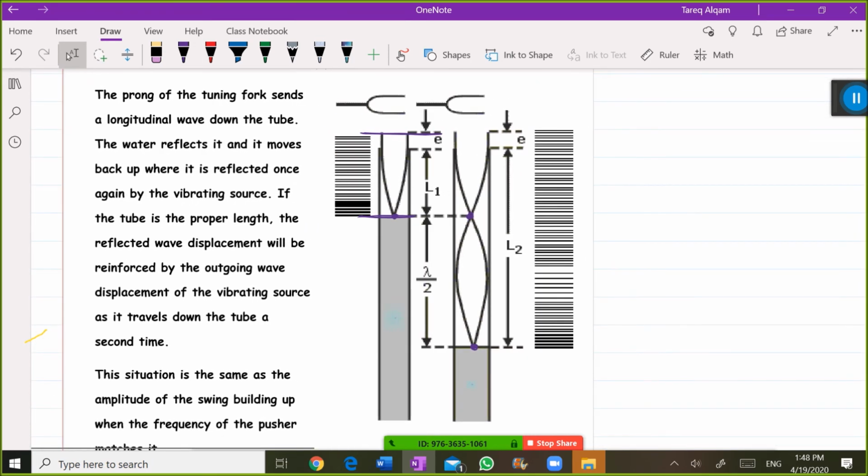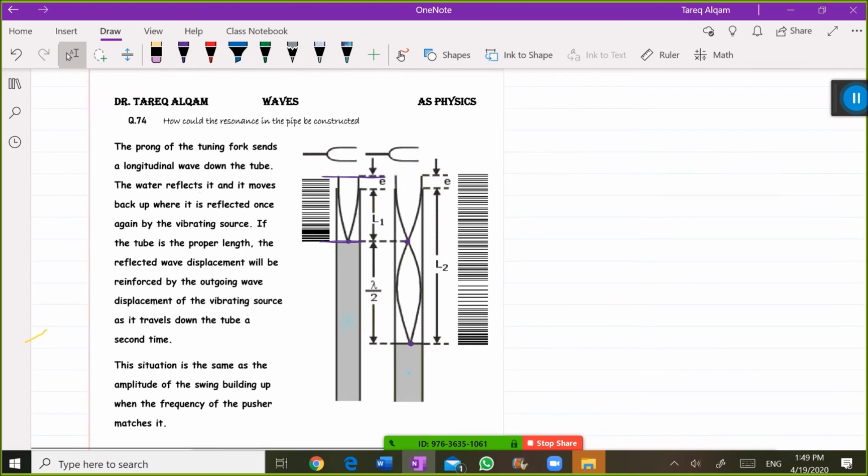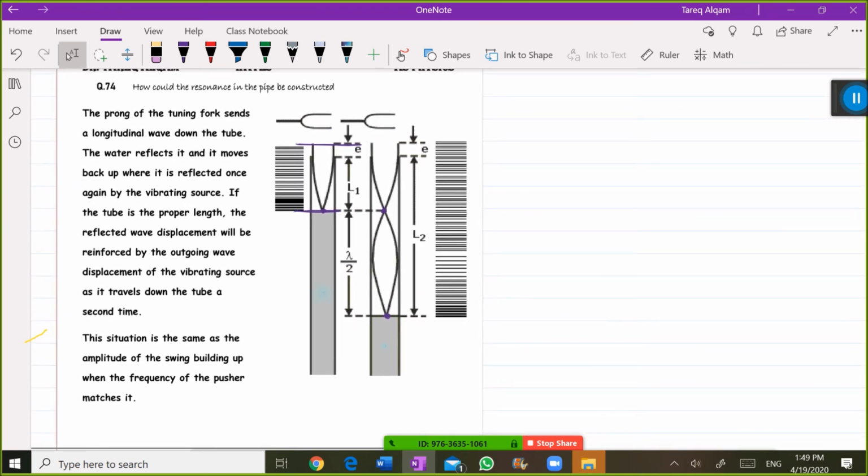Okay guys, now in the experiment that we watched last time, he moves this column of air up and down until he gets a louder sound. Right? When I hear a louder sound, what does this mean? That the frequency of the tuning fork equals the frequency, or one of the harmonic frequencies, of the air. This is called resonance.